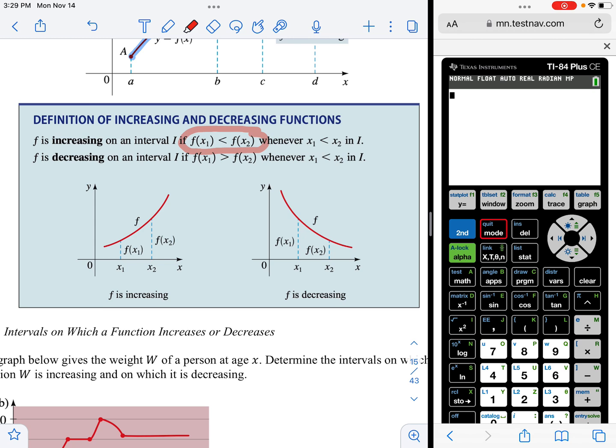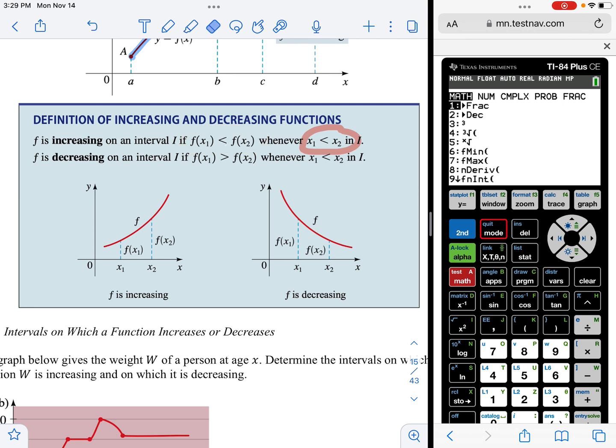What this means is that the function at x1 is less than the function at the next x value as you read left to right. When it says x sub 1 is less than x sub 2, that means you're reading left to right. It's looking at one x value and then the next x value on the interval.